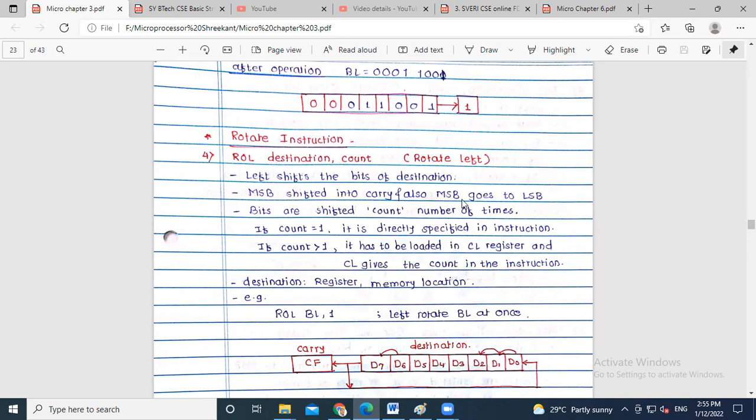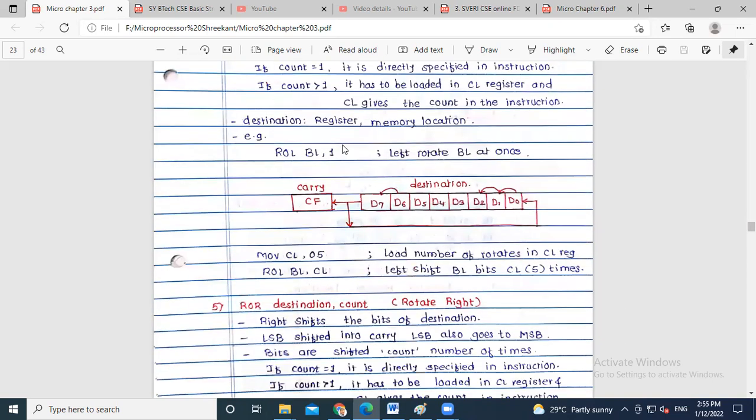Also, the most significant bit goes to the LSB. In the example, this is the carry flag, and the destination is the 8 bits D0 to D7. D7 is shifted back to the other end, meaning one rotation happens each time.